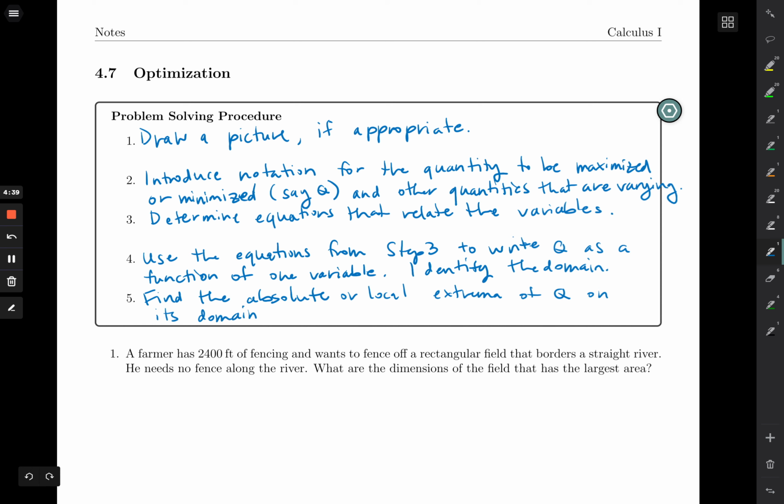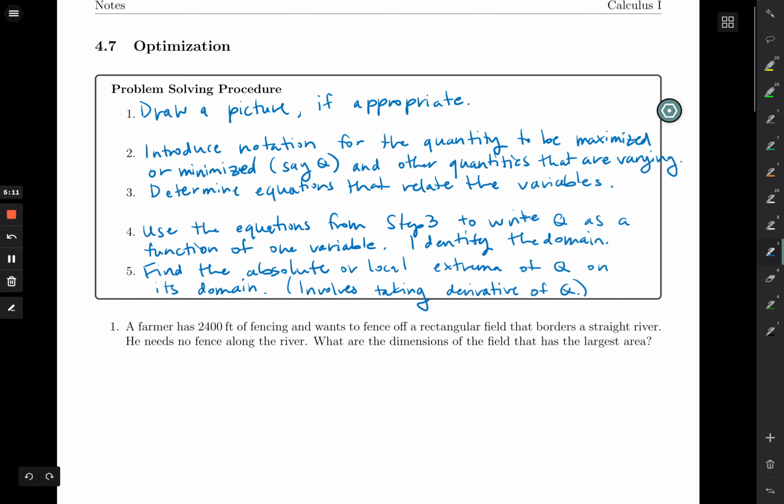And so this is the part that involves taking the derivative of Q, finding the critical points and so on. That part we already have a procedure for, so we're not going to list those steps here. This is really just the setup of how to do these types of problems.